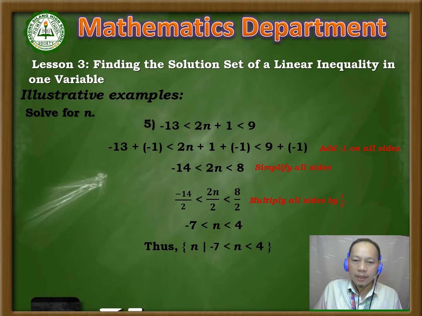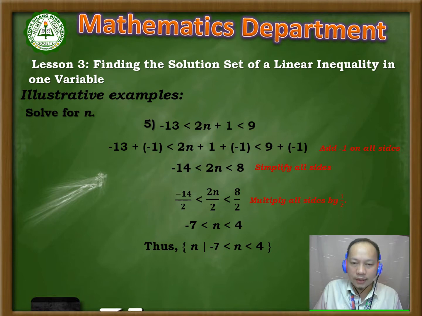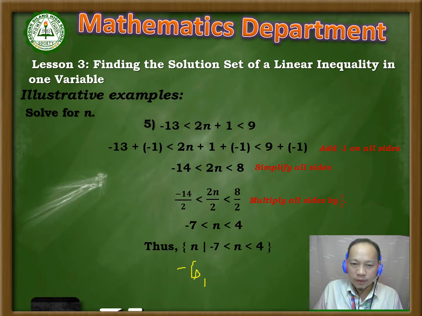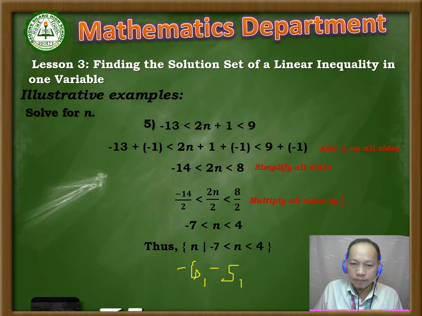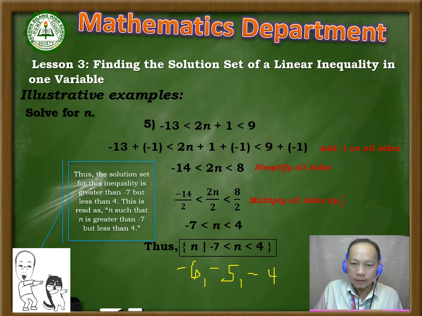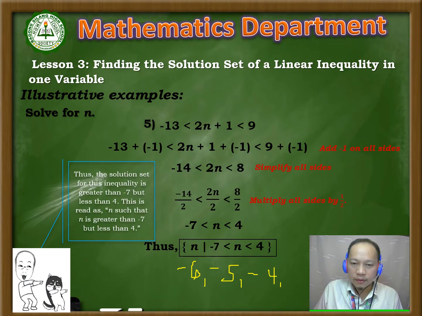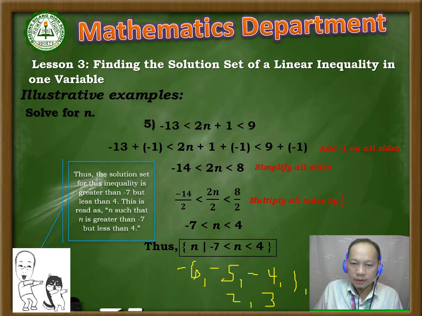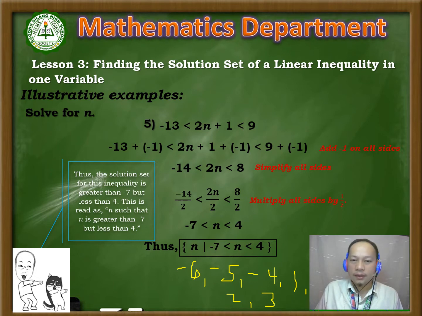If it is an integer, that's negative 6, negative 5, negative 4, and so on, up to 1, 2, and 3. Take note, decimals are also in the solution set for this inequality.